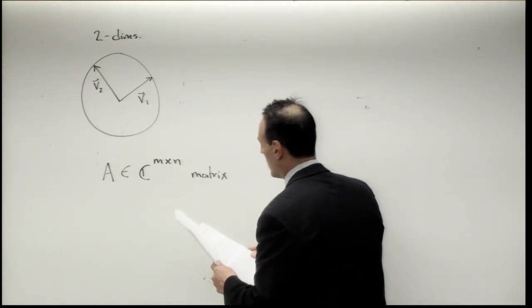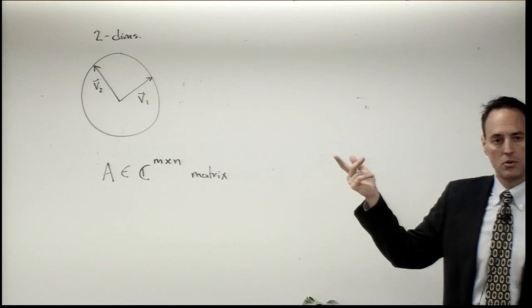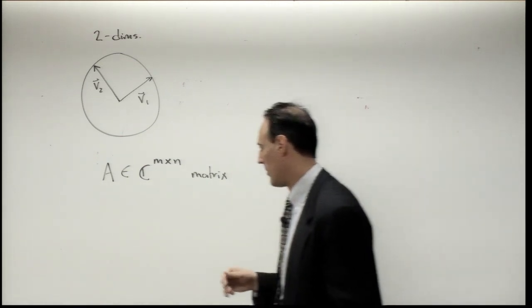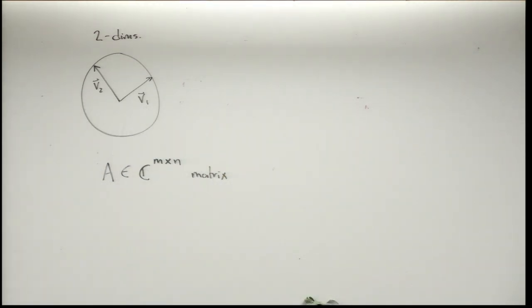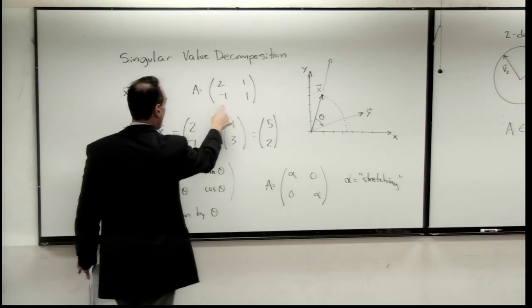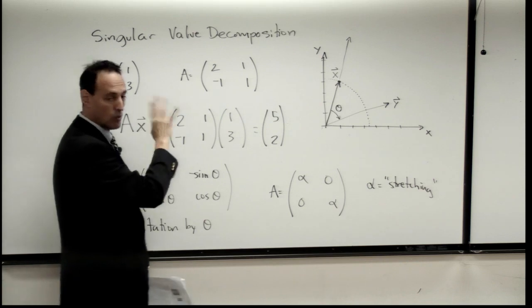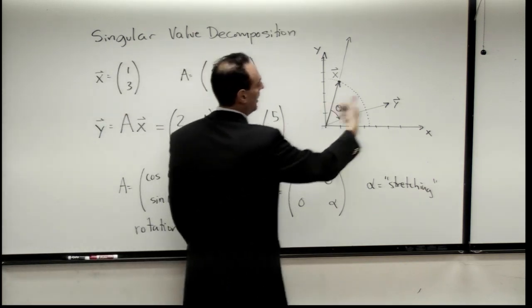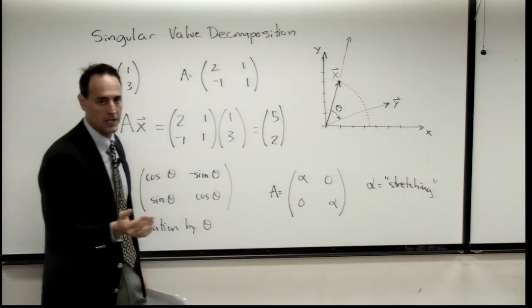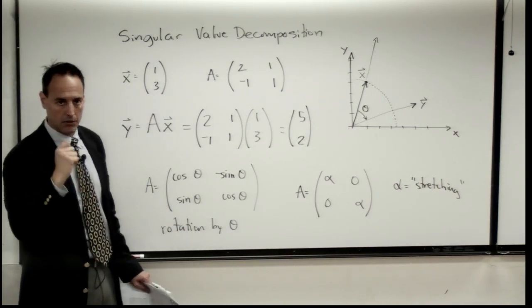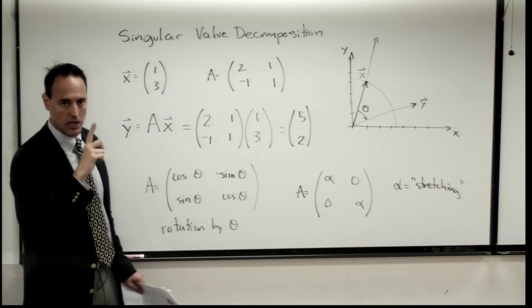And what does happen? Well, I just showed you what happens to a vector. Let's come back to the other board for a moment. You give me a matrix A, and I ask, what does it do to a vector? What it does to a vector is it rotates, and then it either stretches or compresses it. That's it. Okay? That's what the matrix A does to an individual vector.